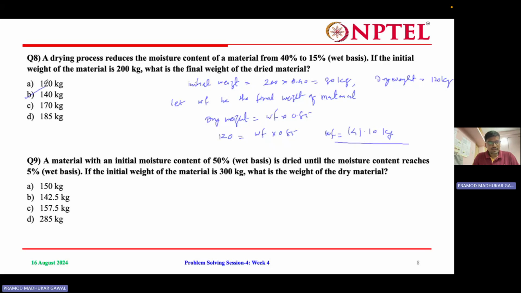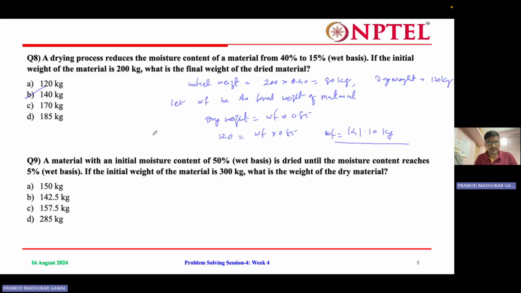Moving to question 9: a material with an initial moisture content of 50% on a weight basis is dried until the moisture content reaches 5%. If the initial weight of the material is 300 kg, what is the weight of the dry material?